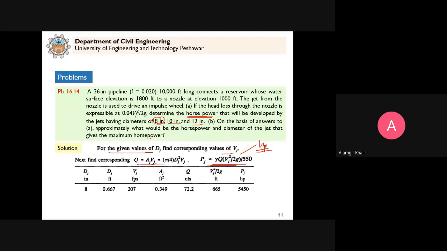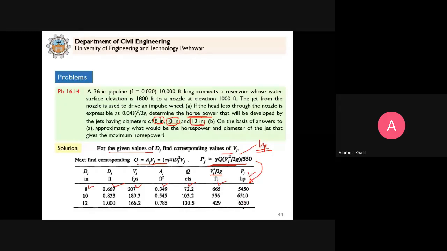For 8-inch, this is the diameter in feet, this is the velocity from the previous equation, area of jet we can calculate, discharge from here we can calculate. You can calculate the velocity head for the jet of water, and using this equation we can calculate the power. Similarly, we go for 10-inch. For 10-inch, this is the power, and then for 12-inch, this is the power.